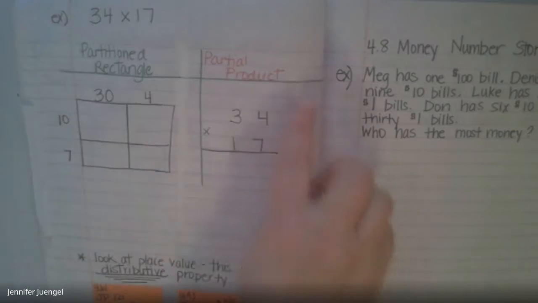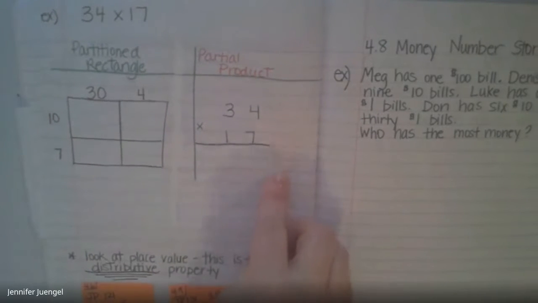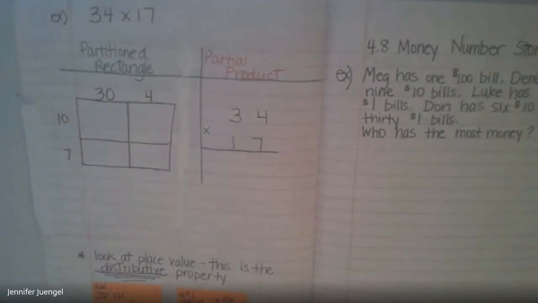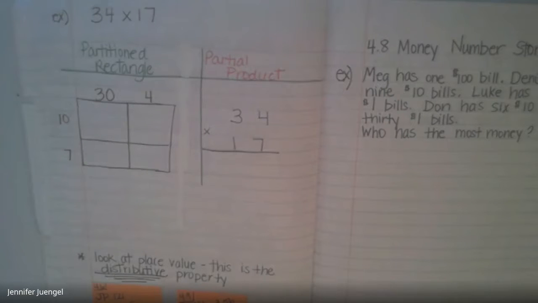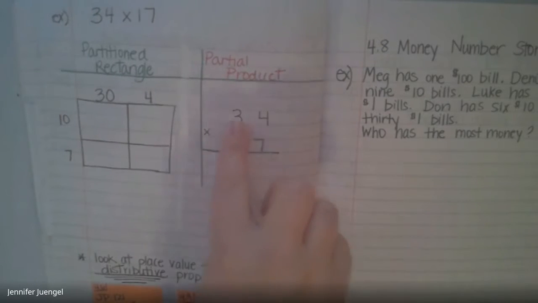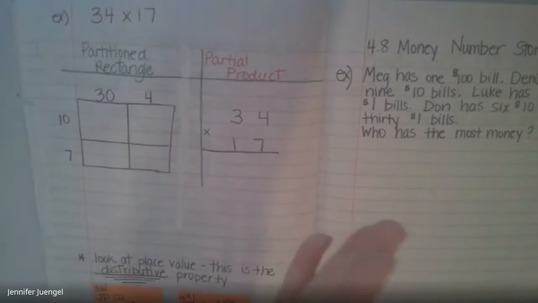Your job is to try partial product first and then go back and check with what you know about partitioning rectangles and see if you get the same answer to check your work. This is a really important skill because that strategy of working your way through place value spots and crisscrossing is the first ingredient that you'll need when we do traditional United States multiplication strategy.